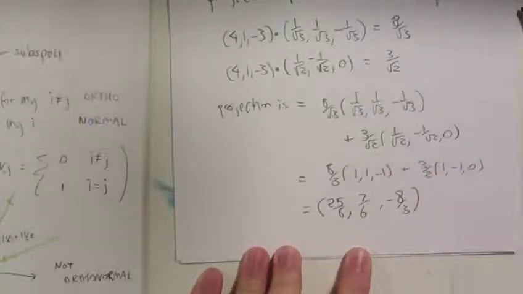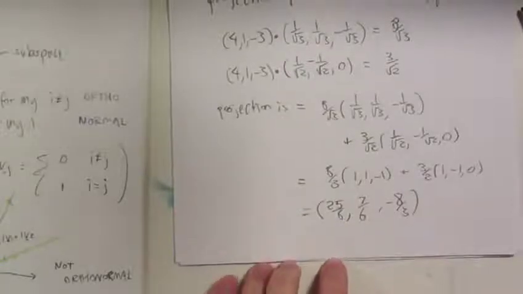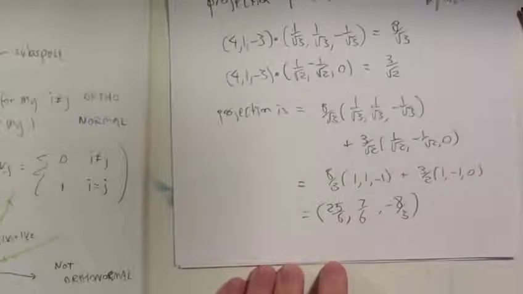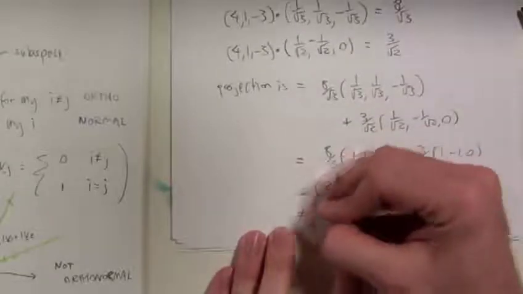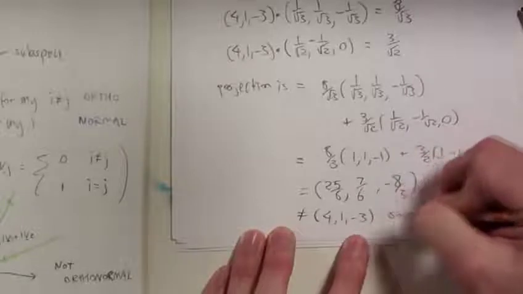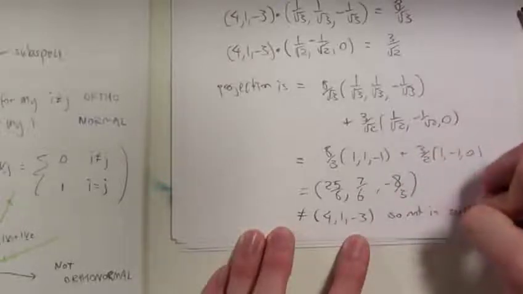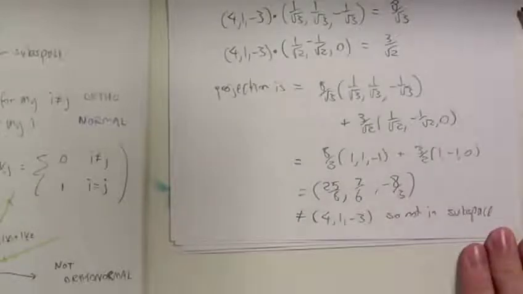Okay, so that's the projection. And it's not equal to the original vector. Not in the subspace. All right.